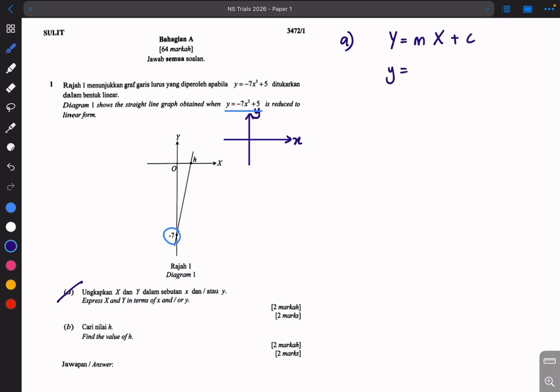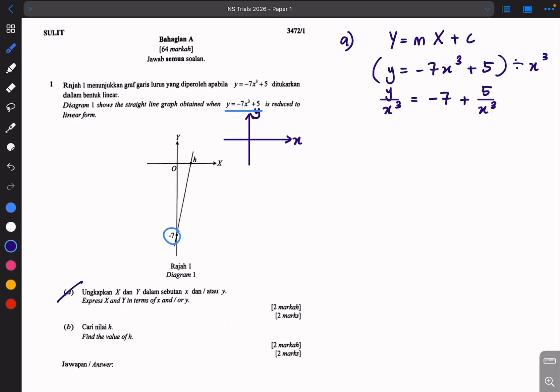So y equals to negative 7x cube plus 5, right? So to get rid of the x cube, we divide this whole thing by x cube. So we get y over x cube equals to negative 7 plus 5 over x cube. Now we already got c as a standalone term.